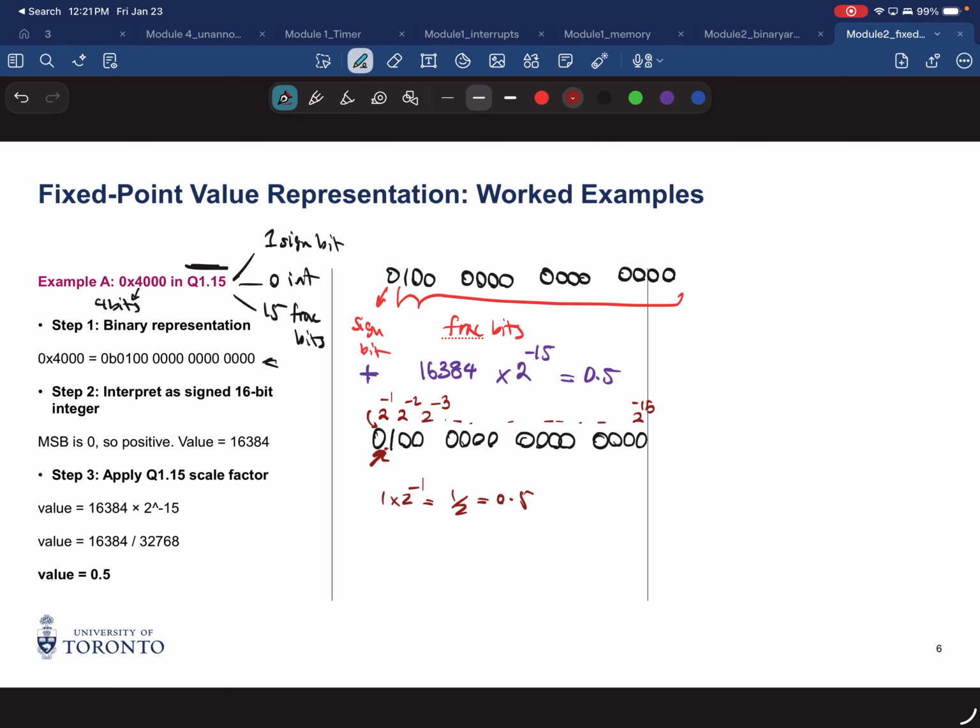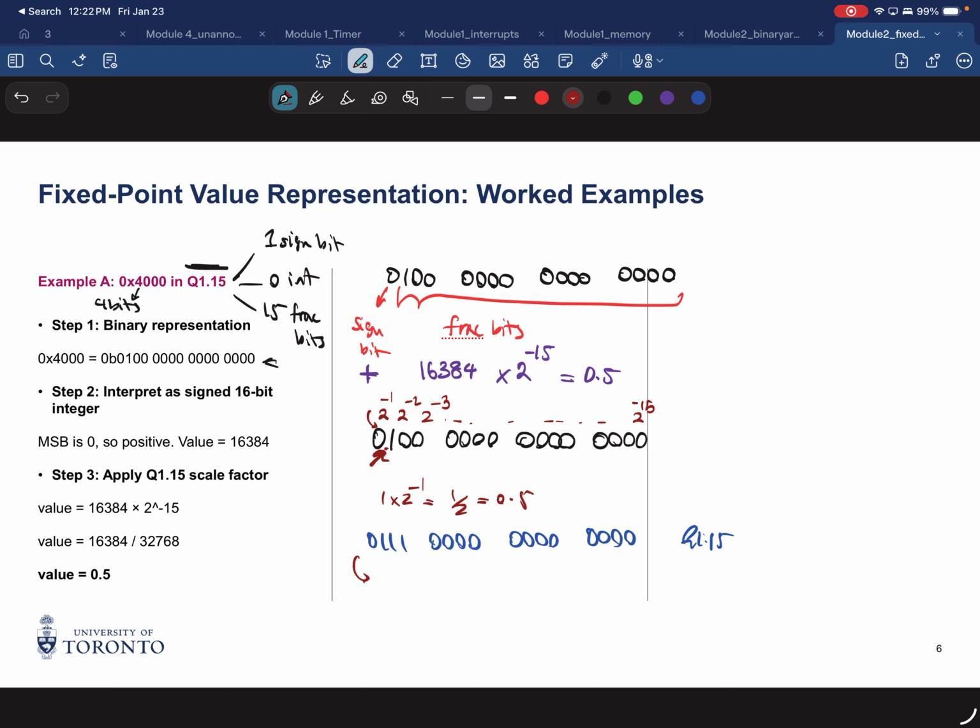For example, if I had this as 0, 1, 1, 1, 0, 0, 0, 0, 0, 0, 0, 0, how much would this be? Again, in Q1.15 format. What should I do? Go ahead.